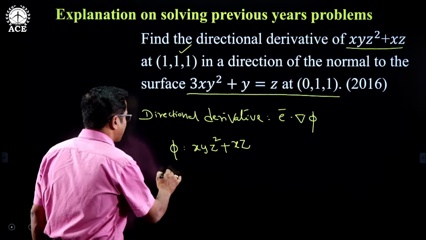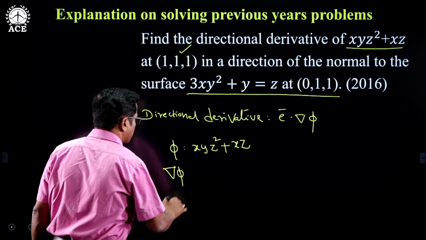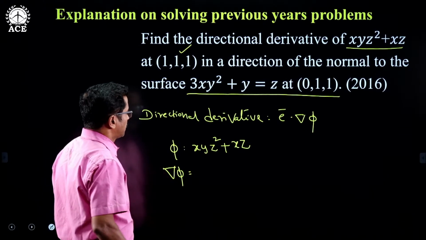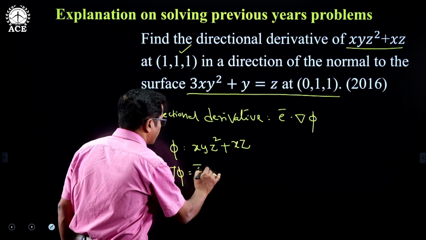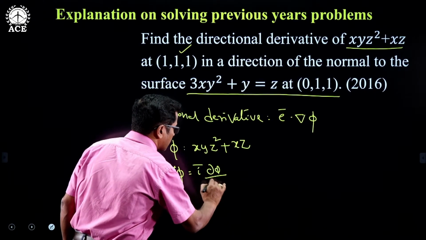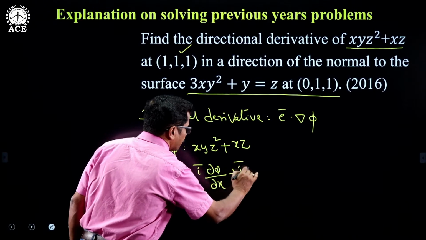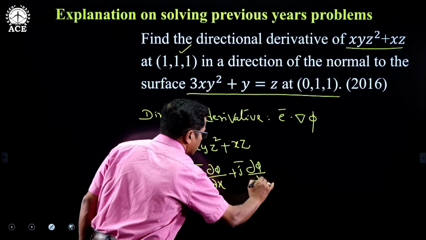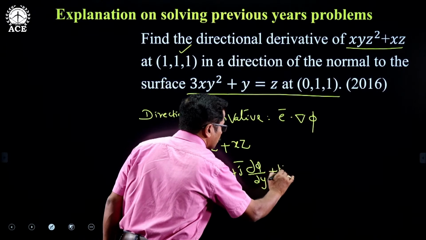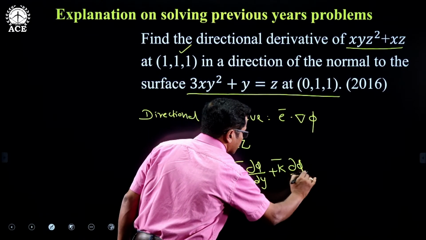Now I am going to evaluate del phi. Del phi means i bar into dou phi by dou x plus j bar into dou phi by dou y plus k bar into dou phi by dou z.